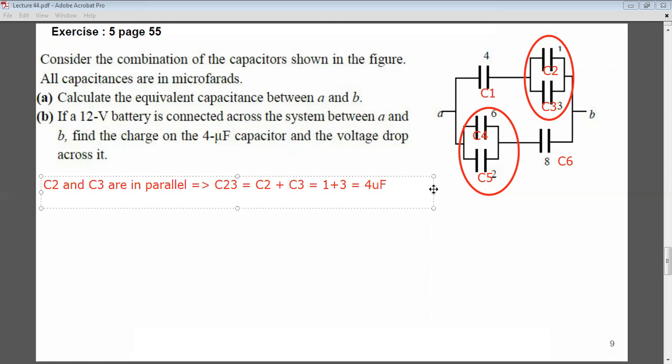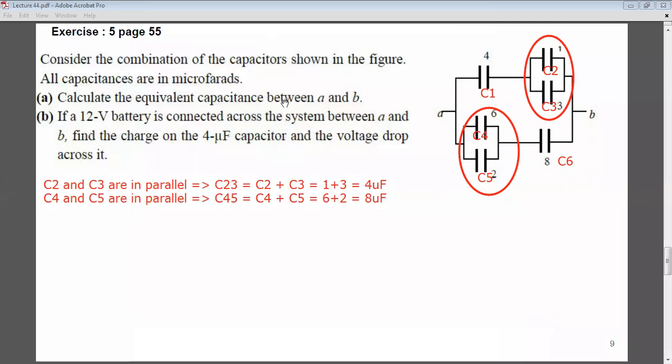Okay. Then C4, same thing. C4 and C5 are in parallel, implies C45 equals C4 plus C5, which is equal to 6 plus 2, which is equal to 8 microfarad. Okay, so I got rid of this and this.